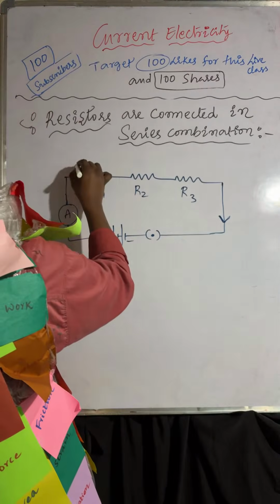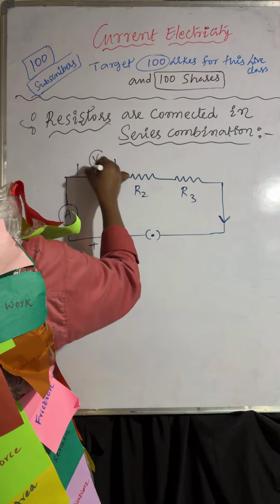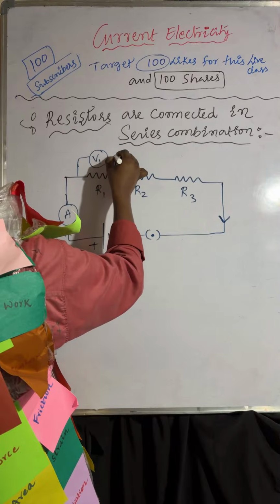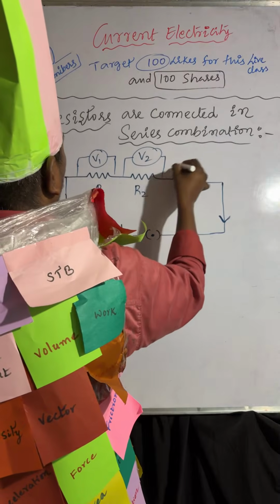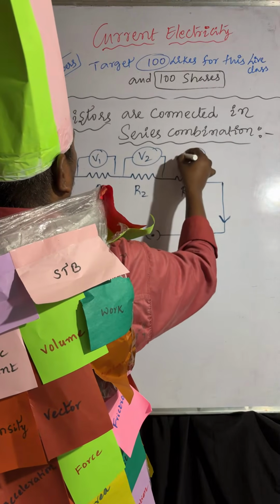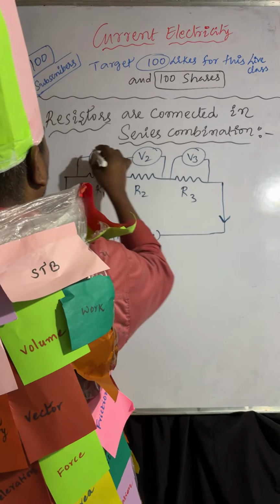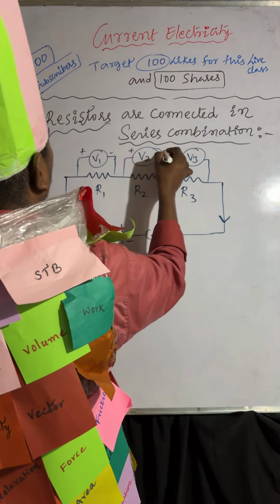Across R1 I am connecting V1, across R2 I am connecting V2, across R3 I am connecting V3.